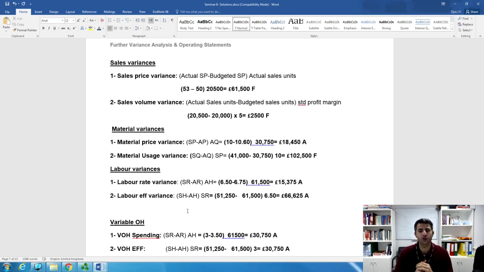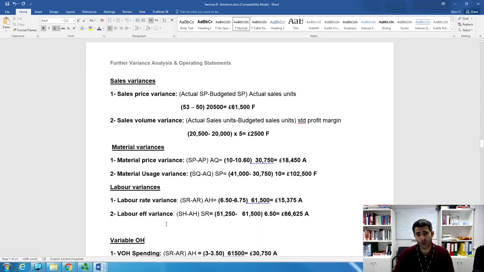So always remember, use the absorption costing method. But if the question specifies marginal costing or variable costing, you need to stick with marginal costing. When it comes to marginal costing, 90% of the answers are completely the same.